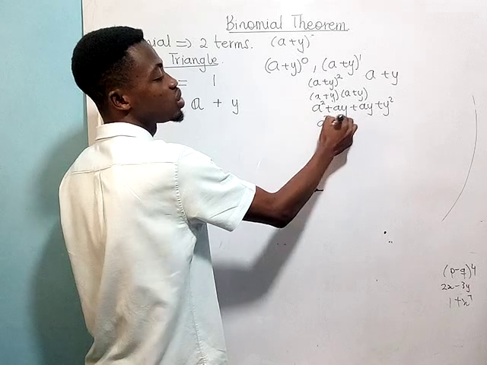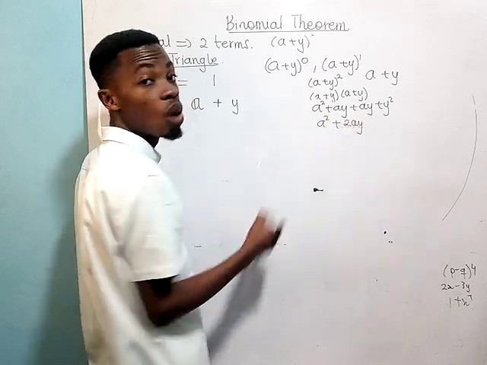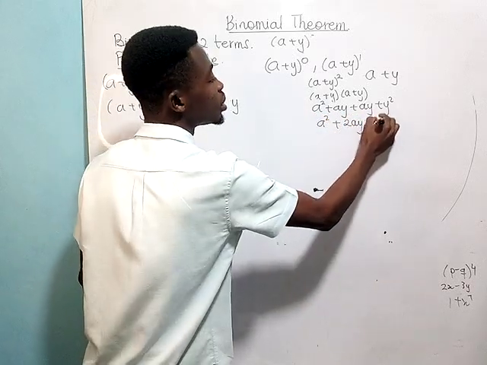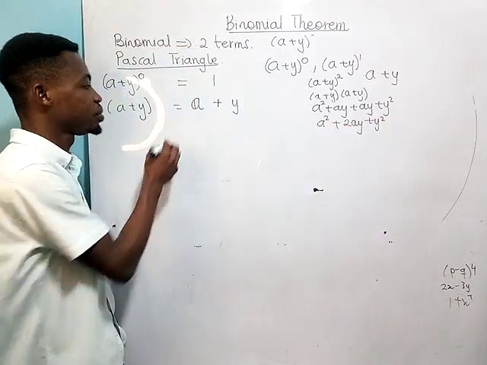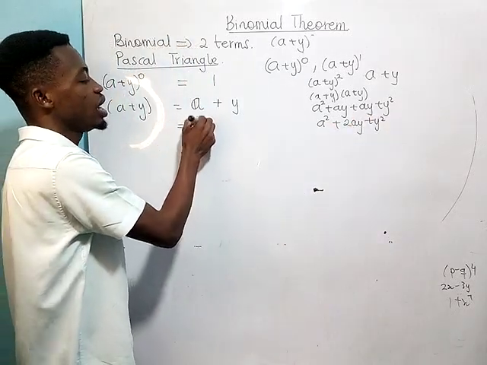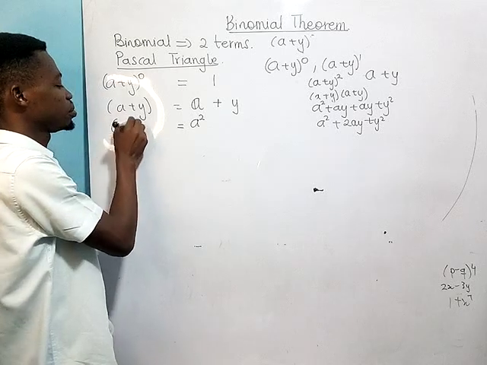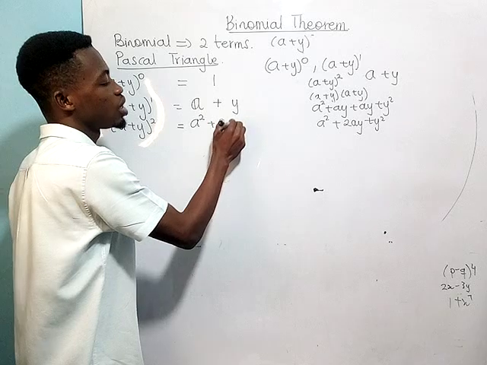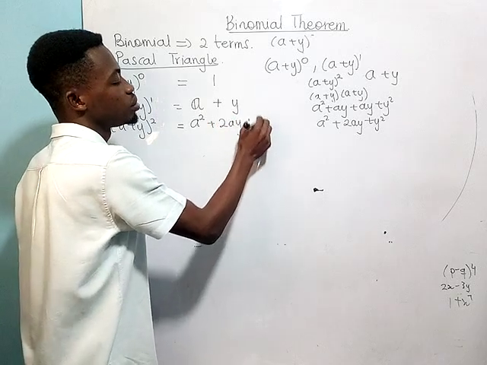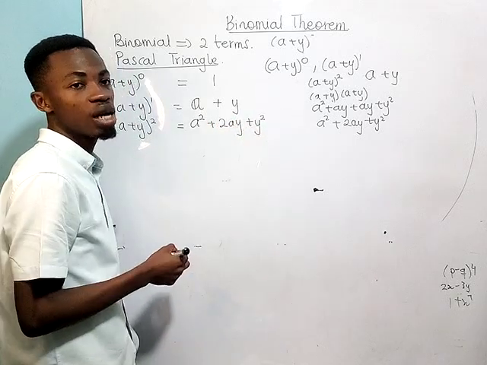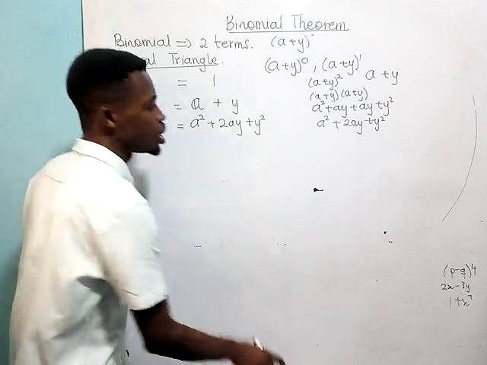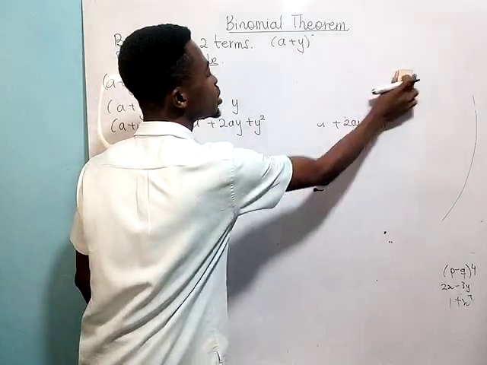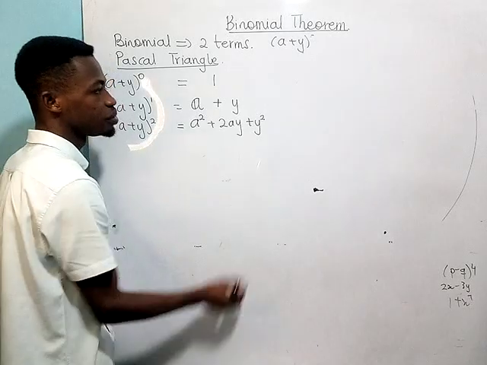Where we have a squared plus 2ay plus y squared. Now, I want us to deduce something here.